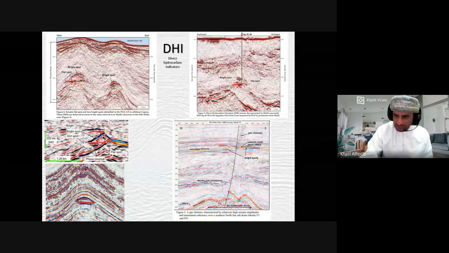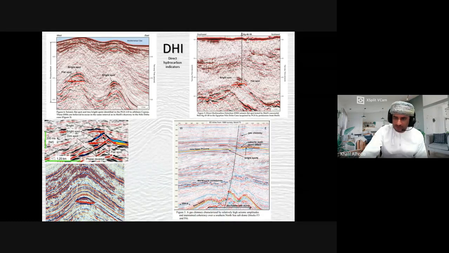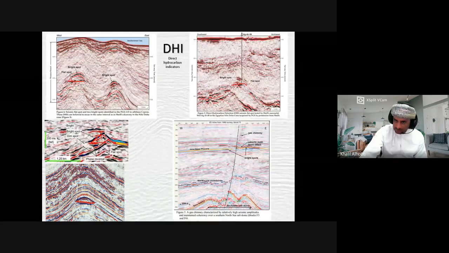So we find these features. We find these flat spots. We find bright spots too. We sometimes find dim spots. This is so strong, so bright, and then there is no more gas here. There is probably fluid, but no more gas, let's assume.